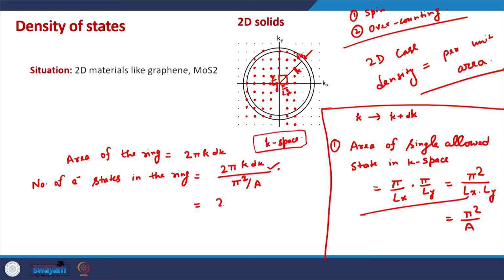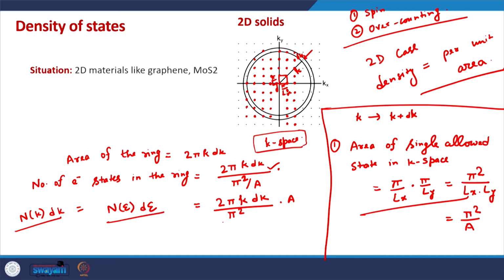So, these are the number of electronic states in the ring essentially. So, these are the total number of electronic states in a range from k to k plus dk, and this is denoted by Ne times dE, also by Nk times dk.